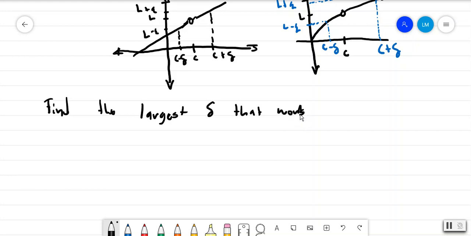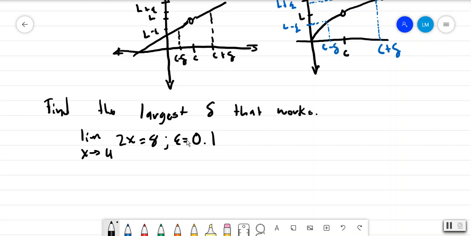For this one, we're going to say that we have the limit as x approaches 4 of 2x equals 8. And for this one, we're going to choose 0.1. So that's going to be our epsilon.